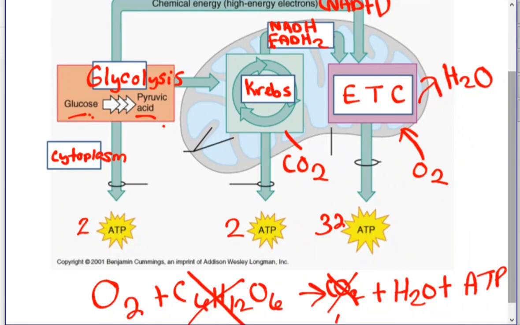Okay, only when you've done that, only when you have your tokens can you go into the arcade. The mitochondria is the arcade. Now you're going to play your game. The game is the Krebs cycle. As you're playing your game, what's building up? Points. Okay, you're building up points. Your points are your energy carriers. But you really don't want the points. You want what you can get with the points. What do the points translate into? Tickets, okay?